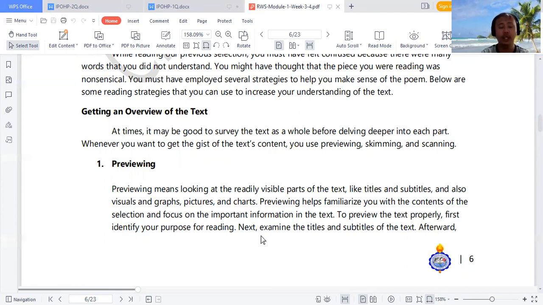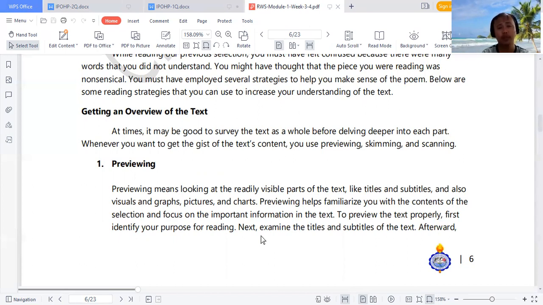All right, so in reading also, sometimes we become lazy readers. Let me give you an example. Sometimes when I read a book, I usually don't start in the introduction. I read the conclusion part, in which I would be able to know what this book is all about, what this topic is all about.